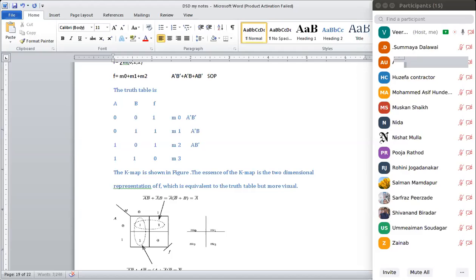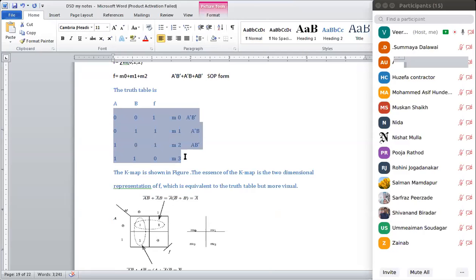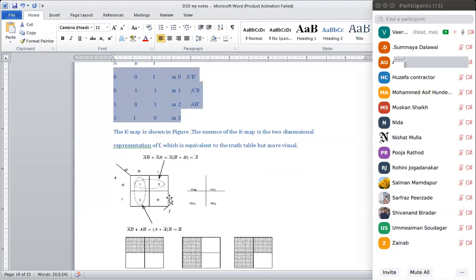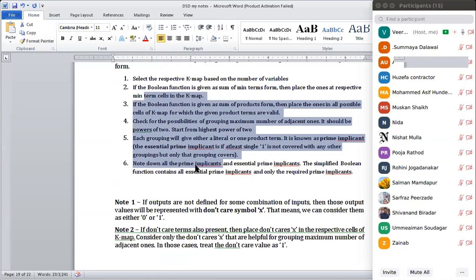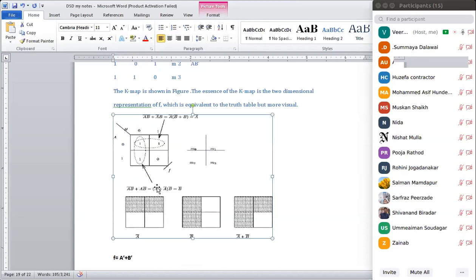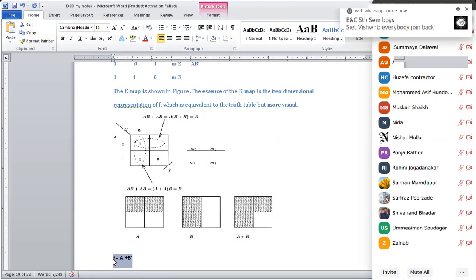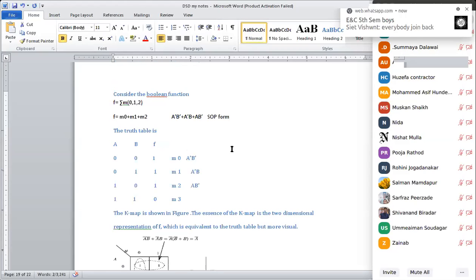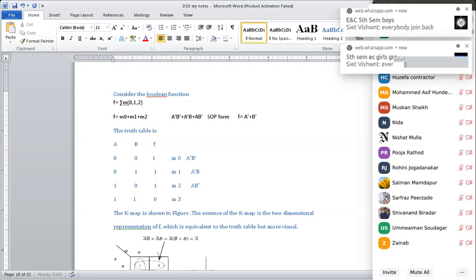Okay, but when I put a K-map for this truth table and then follow all these steps, what I have got is F equal to A bar plus B bar.